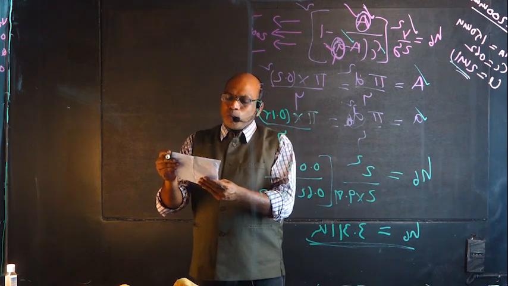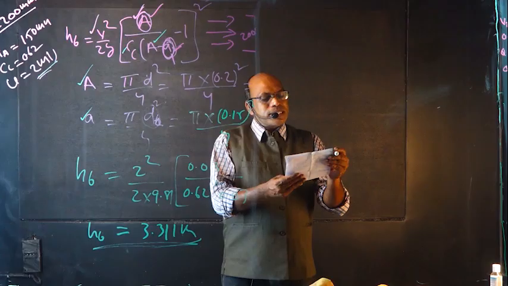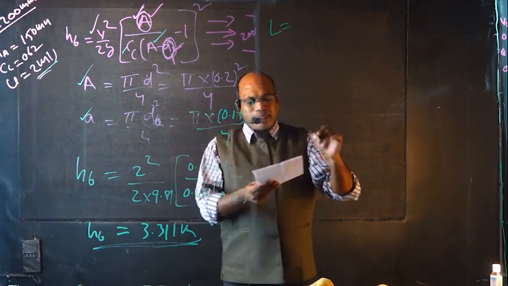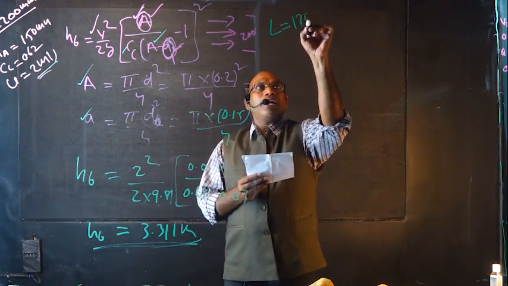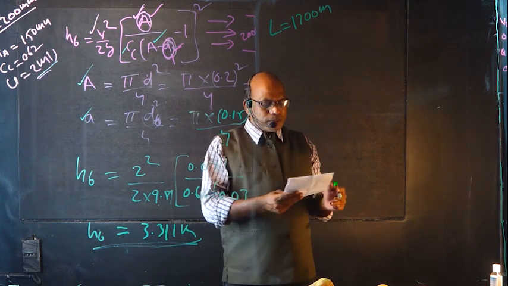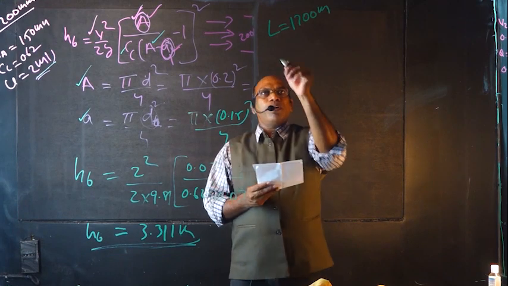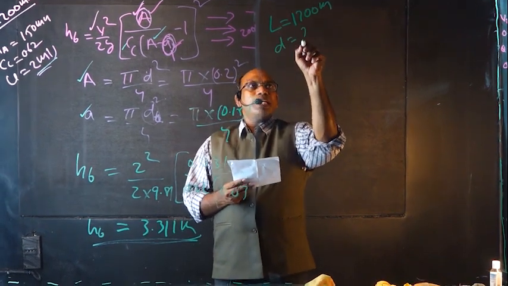The 3 pipes are to be replaced by a single pipe of length 1700 meters. Find the diameter of the single pipe.